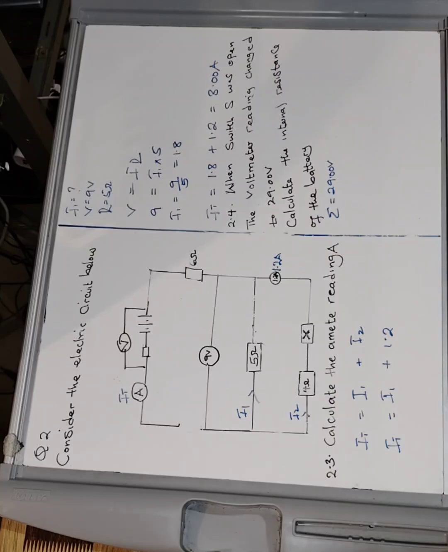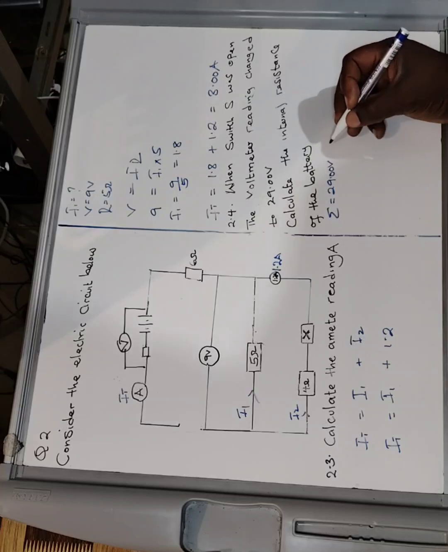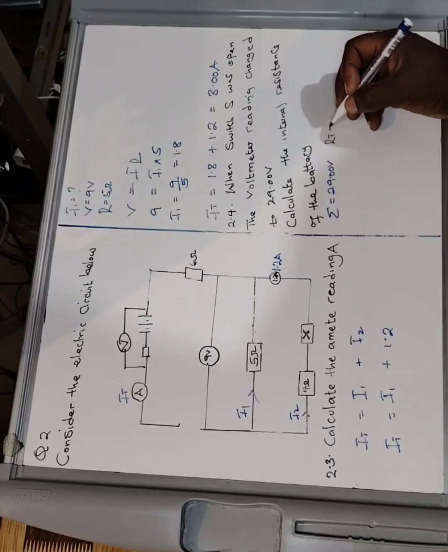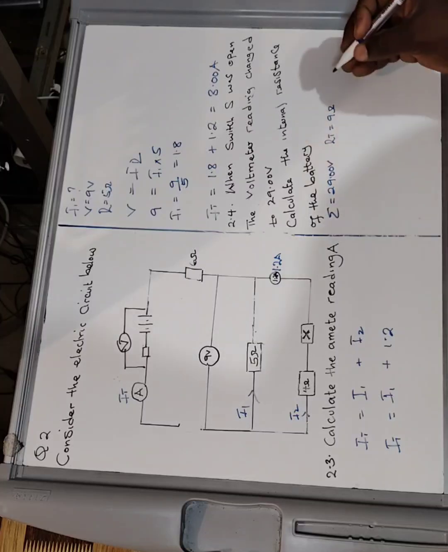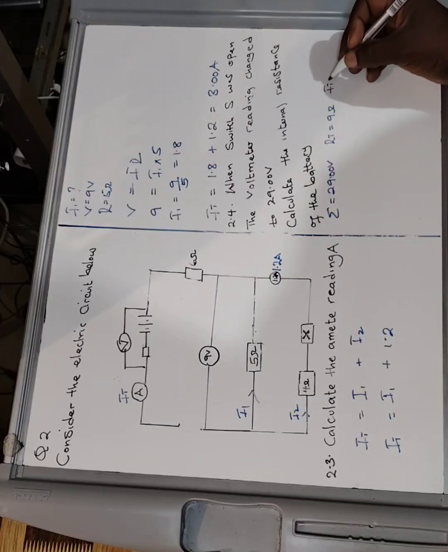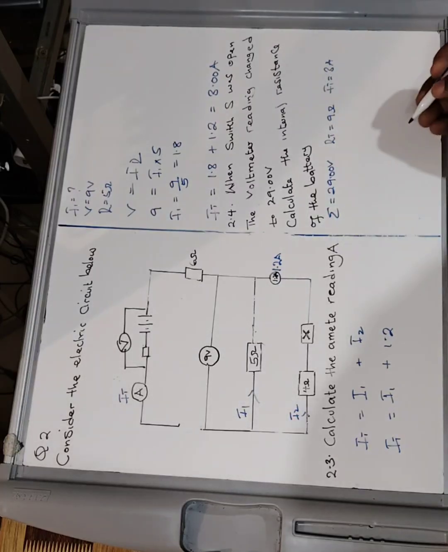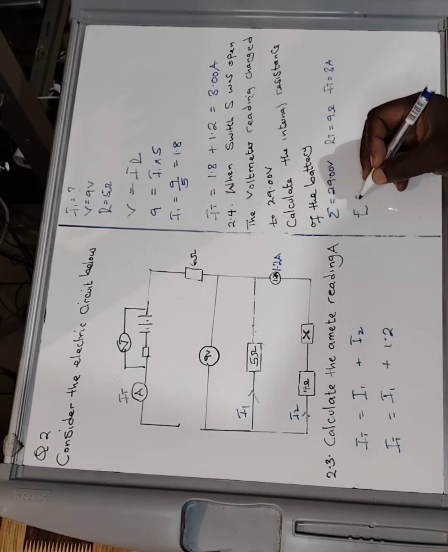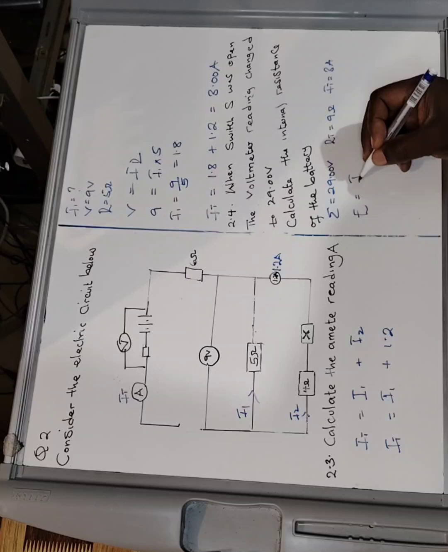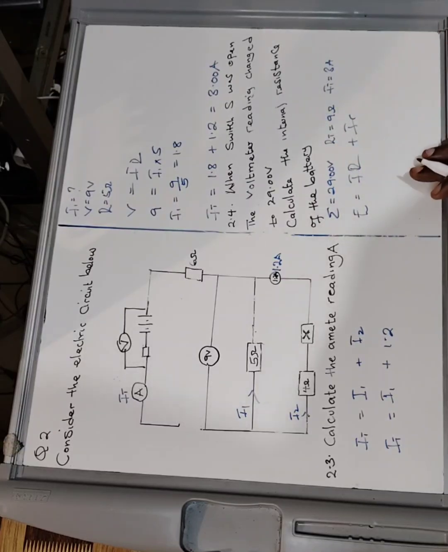What else do we know? We know the total resistance of the circuit. We found it as 9 ohms. And we know I total, which was 3 ampere. So what do we do? We know that EMF is given by IR plus I times internal resistance.